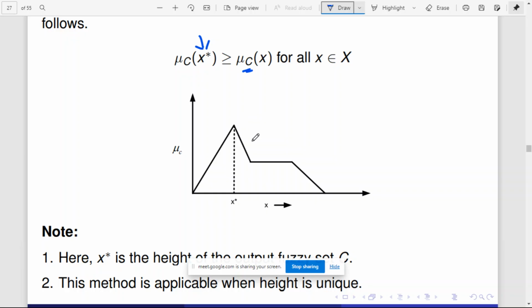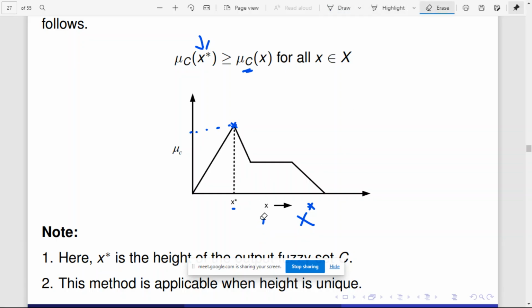If you take this particular membership function, for one particular x, let us assume x star, the membership value will be highest. This is the peak point. That particular x value will be considered as the crisp value, or the defuzzified value.